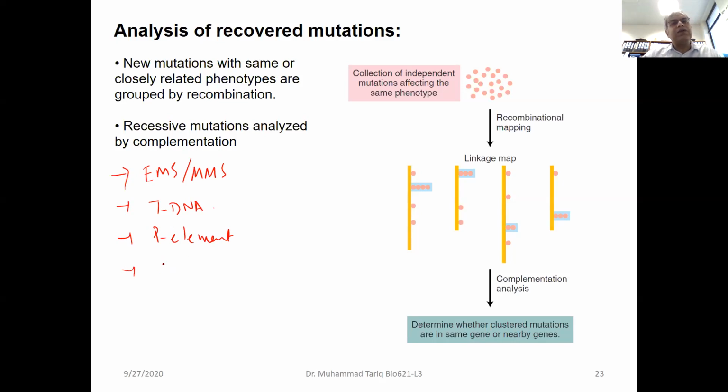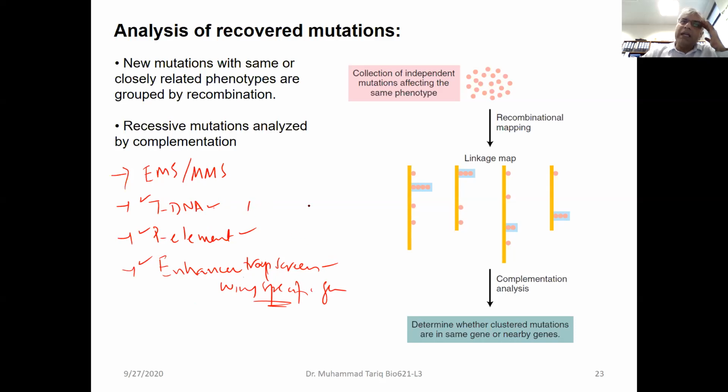In fruit flies, we also just saw enhancer trap screens for, let's say, wing specific genes or leg specific genes, and then you clone them. T-DNA and P element screens are easy because you can very easily map the genes and recover the mutations. Very easy. T-DNA, why is it easy? You know the flanking regions, the border sequence. By simple PCR, just like the inverse PCR here, you can, within a few days, know your genes.